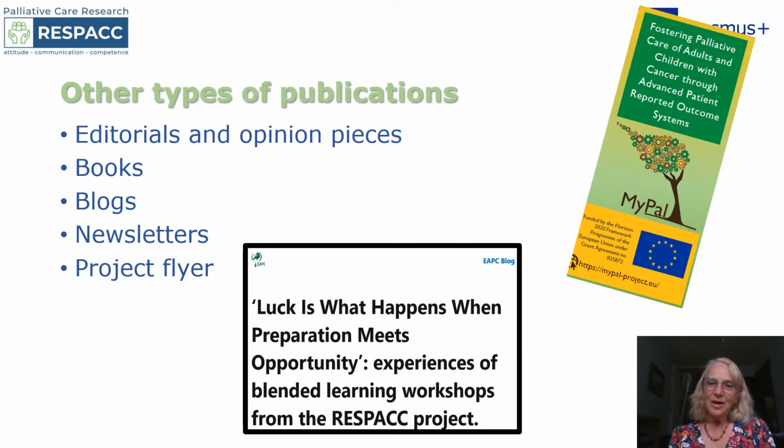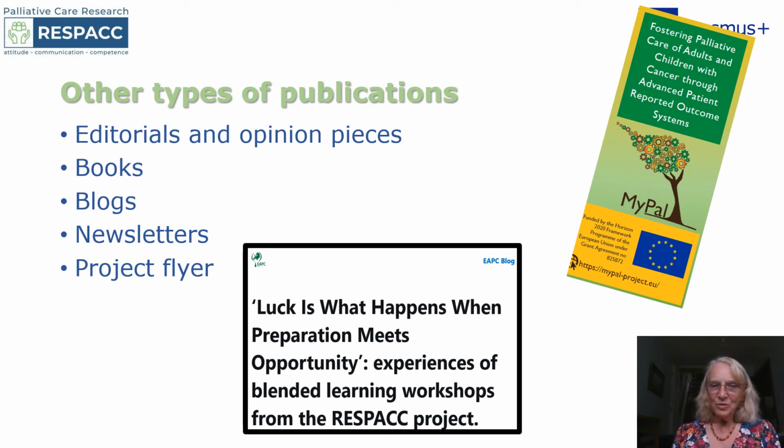What about other types of publication? You might think of writing an editorial for a journal or an opinion piece, because that's a good way to highlight your research topic. For some of you, you may be writing books, but that's quite a long-term endeavour. Usually it takes 2 years or more to produce a book.